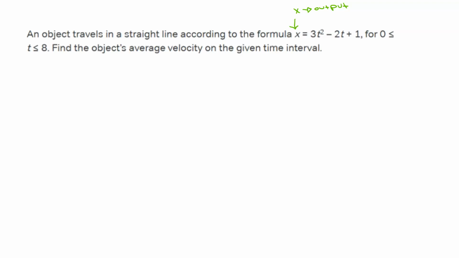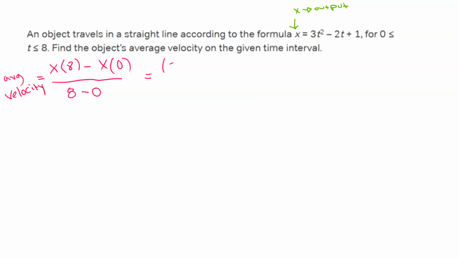All right. So we're looking for the average rate of change on the interval 0 to 8. And this is going to be our average velocity, because it's the change in position over the change in time.